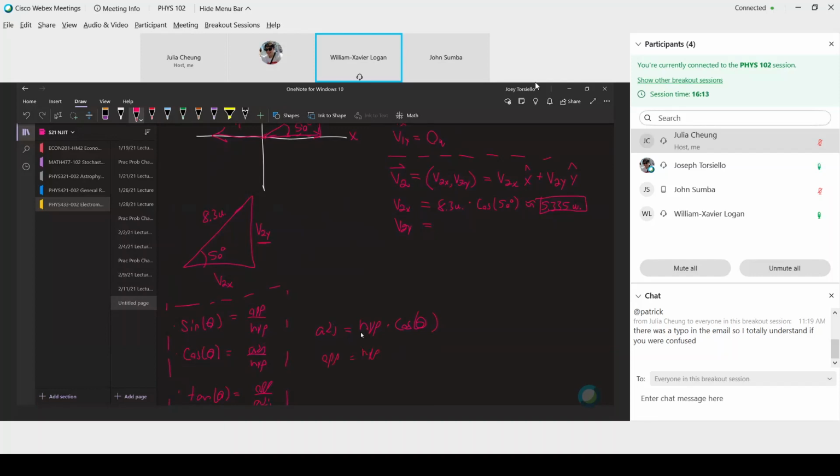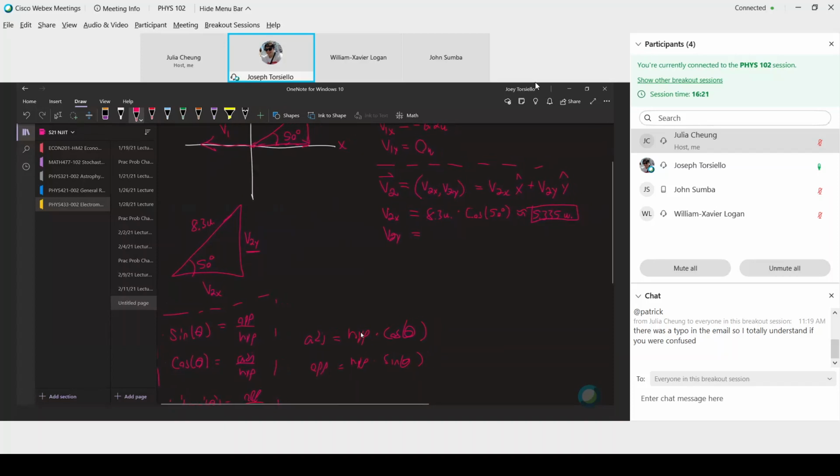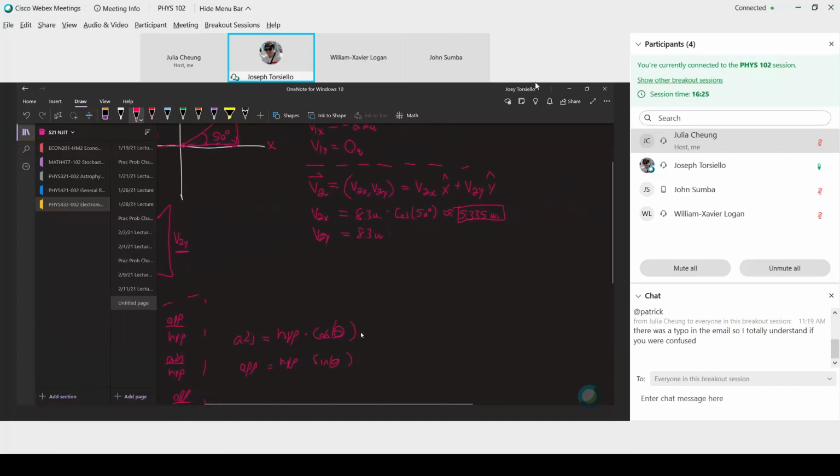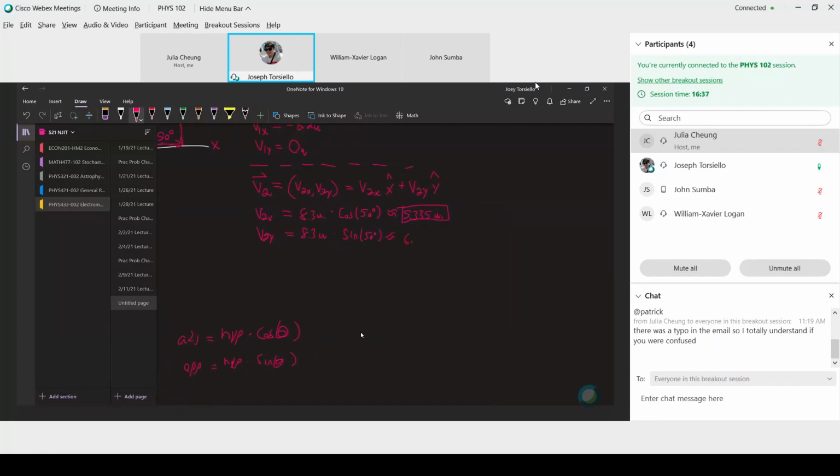Opposite is equal to hypotenuse times sine of theta, which you get by moving the hypotenuse to the other side. It's another simple thing. You just do 8.3 units times sine of 50 degrees. If you plug it into the calculator, you get about 6.358 units.